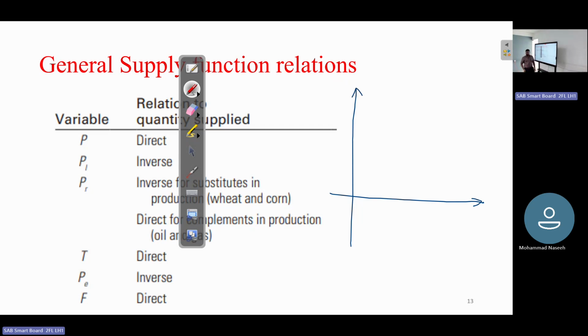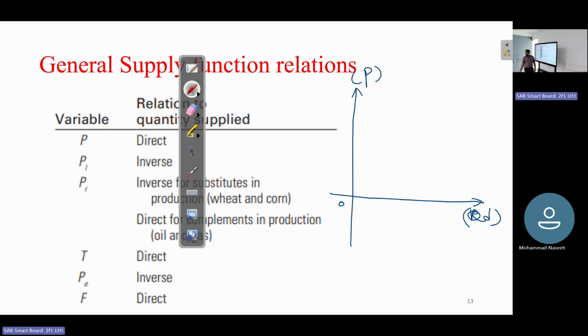This axis represents the quantity demanded of the product, and this axis represents the price of the product. Now, how do we show an inverse relationship in a graphical illustration?